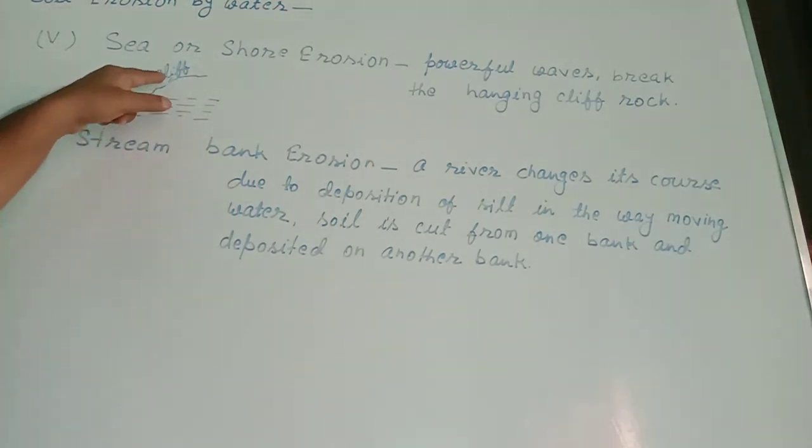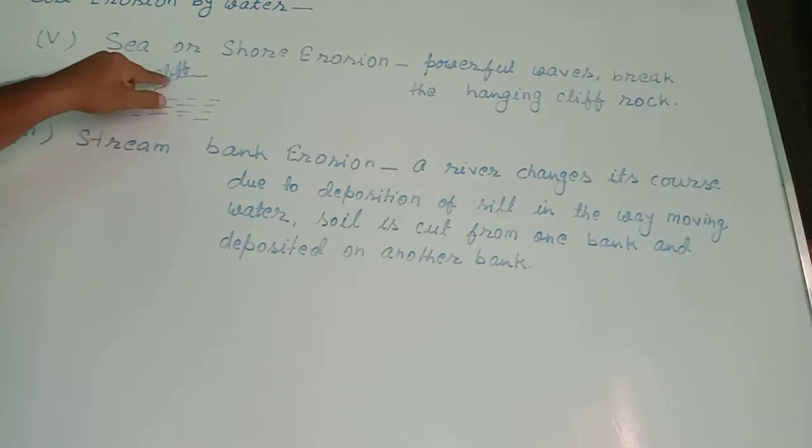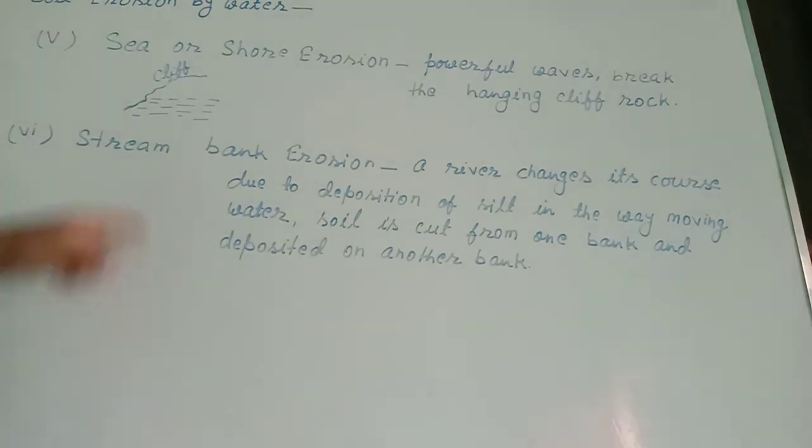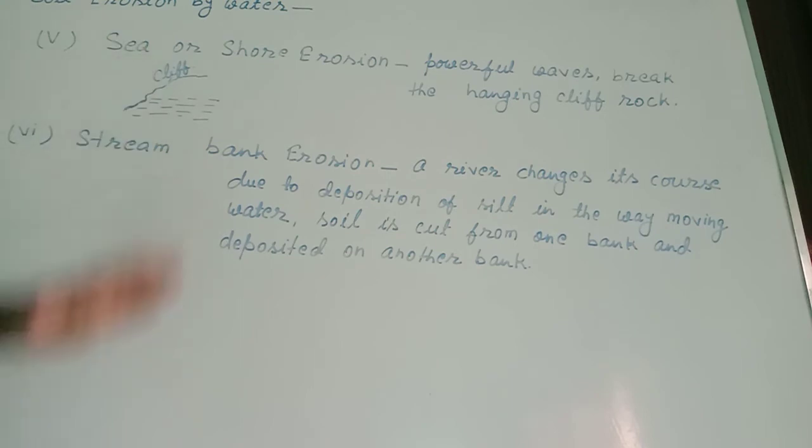This hanging rock is called a cliff. As the soil or rock is eroded from the lower part, the upper part becomes unbalanced and ultimately this hanging part, the cliff, breaks. This process of erosion is sea or shore erosion.